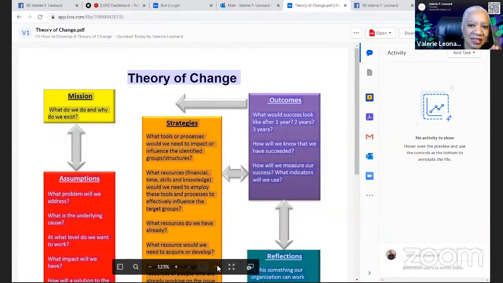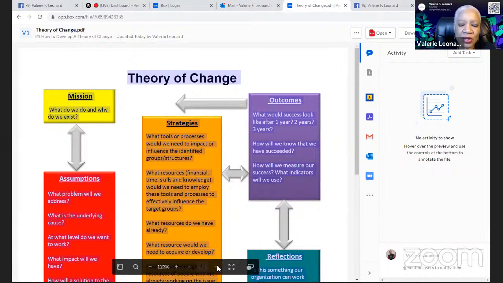You want evidence that the interventions, programs, services, tactics and strategies that you use are actually working, and some measurable proof of whether it's working or not, which can help you make adjustments as necessary.